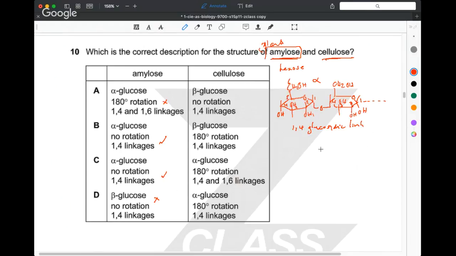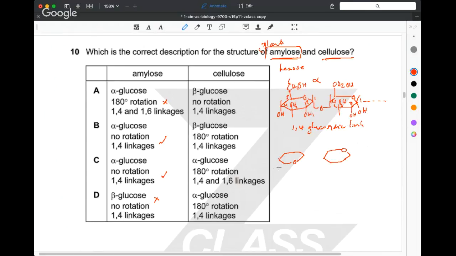Let's look at cellulose now. So with cellulose, again, you've got 1,4 linkages. So let's draw our glucose molecules again. Okay, we're going to have 2 of these, aren't we? But this time, if we draw them, you can see that actually one of them is flipped compared to the other.